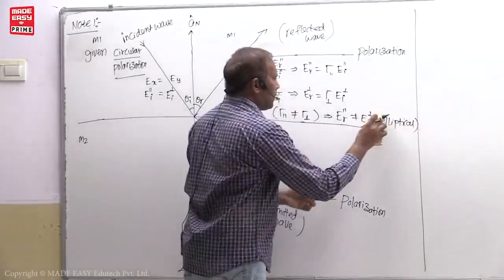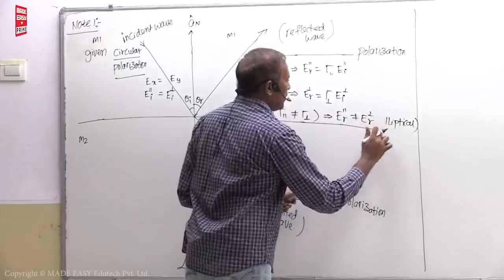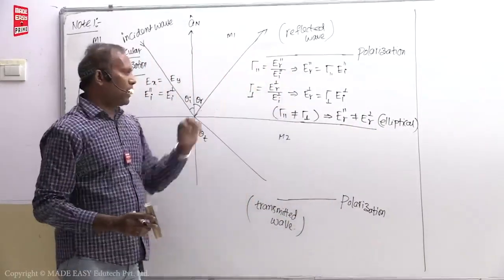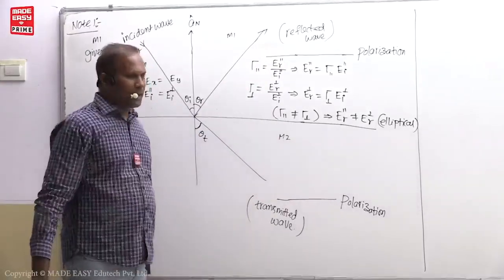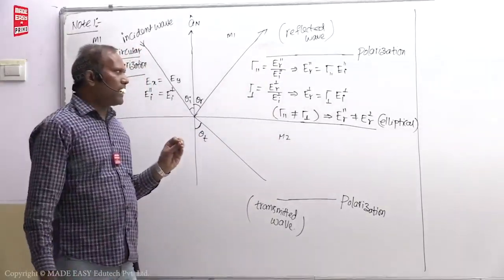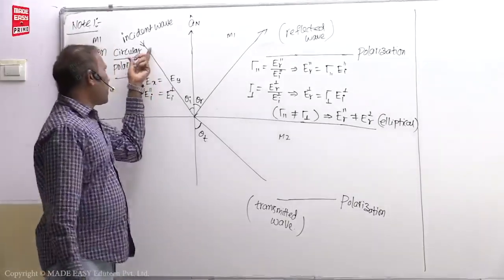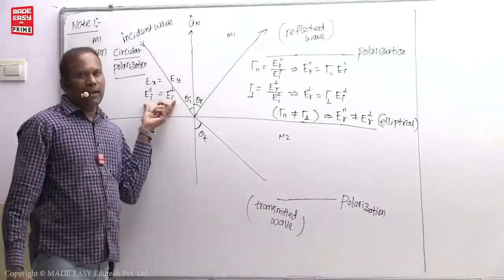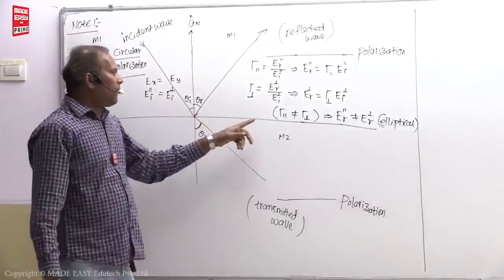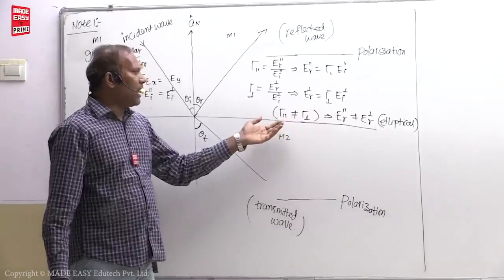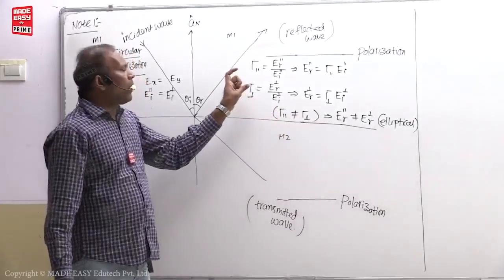They are unequal, so this is elliptical polarization. This is also elliptical polarization. Without doing mathematics, I will tell you in one statement: for circular polarization, both components are equal, but the reflection coefficients for parallel polarization and perpendicular polarization are not the same.